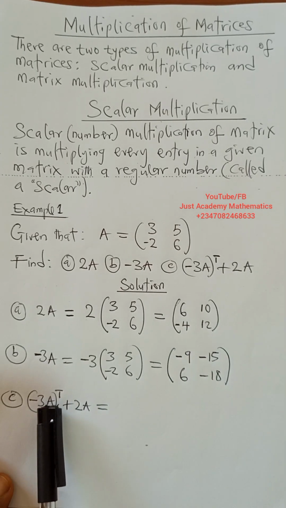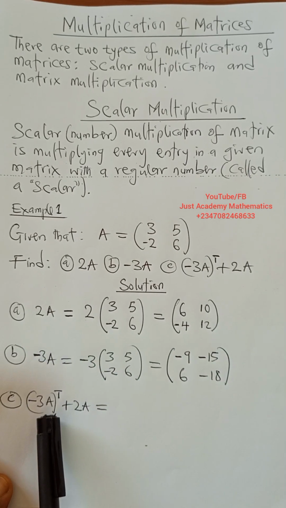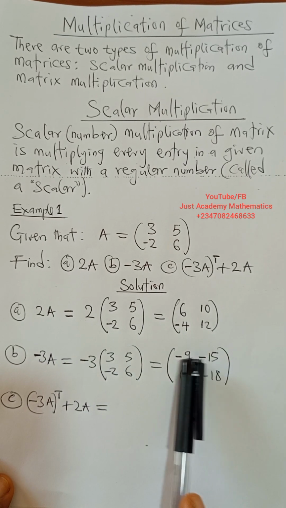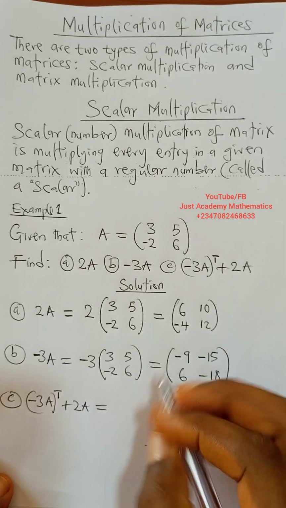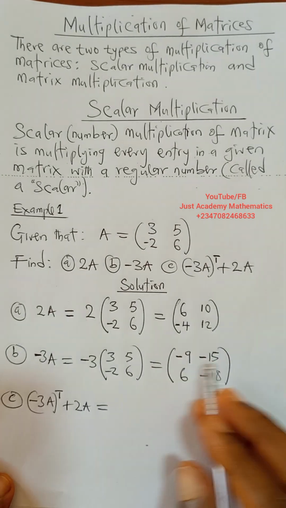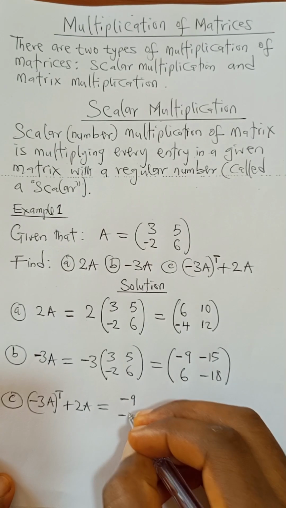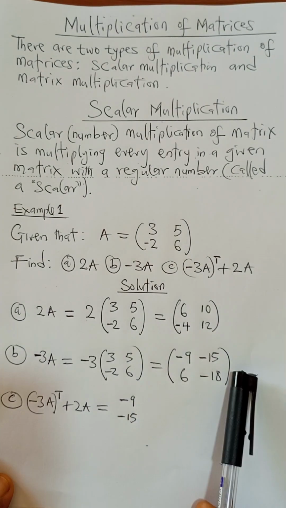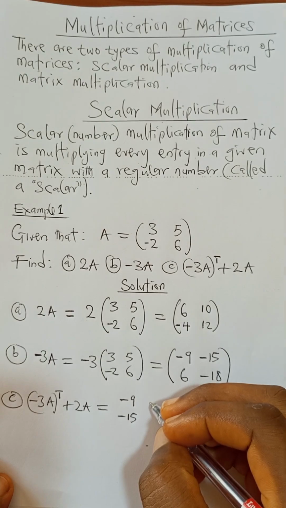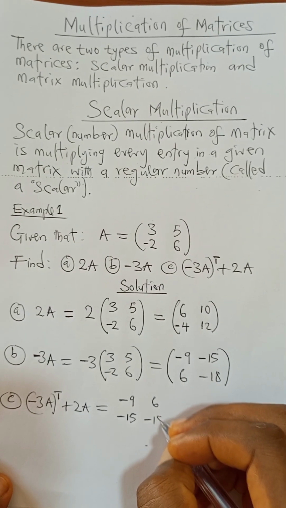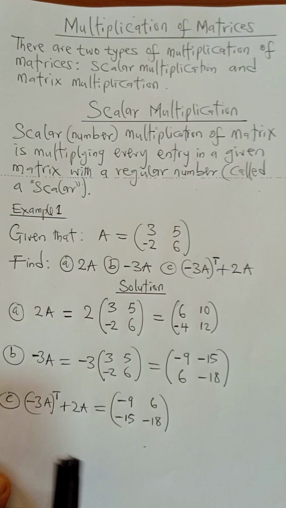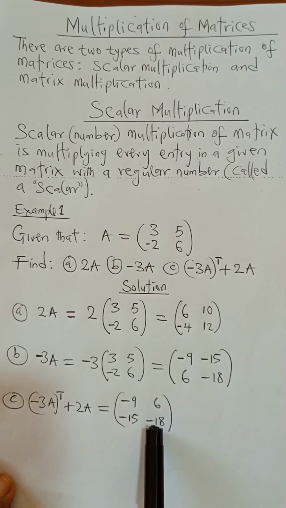So to get minus 3A transpose, you just transpose this. If you transpose this, the first row will become the first column. That is minus 9 and minus 15. Then the second row will become the second column. That is 6 and minus 18. So this is minus 3A transpose now.